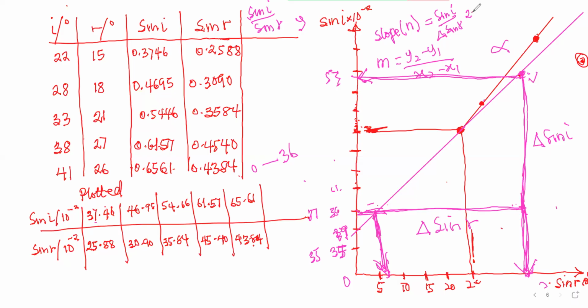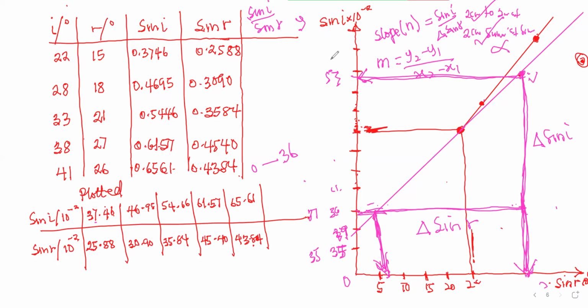Okay? 2 centimeters to 2 units at sine I, then the X, maybe 2 centimeters to 5 units at sine R. And when examiners are marking, this will attract half, and so the scale will give you 1. That is why when I was marking, I talked about omission of scale.